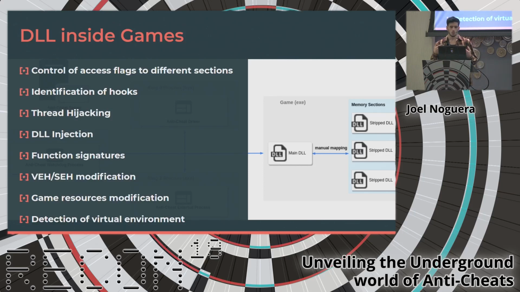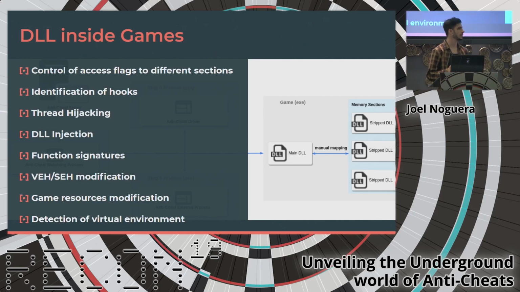Some examples of those tasks are to control that any thread has been hijacked, identify if the import address table has been manipulated to hook some functions or features of the game, inspect each region of memory, and control that any executable region has been created or new threads are running in the context of the system.